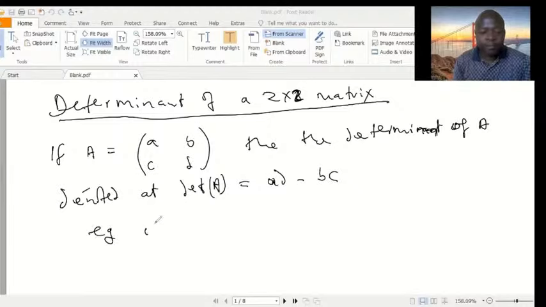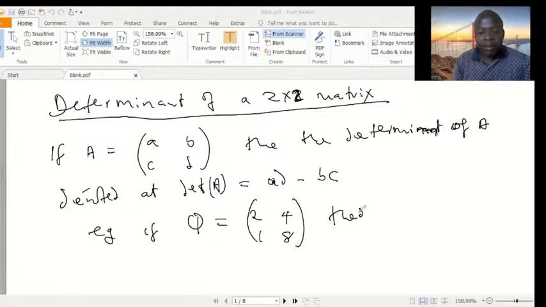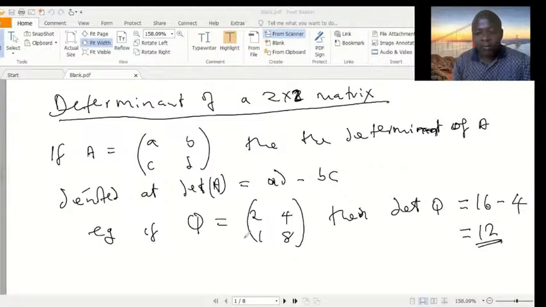E.g., if Q is the matrix 2, 4, 1, 8, then the determinant of Q, which we denote as |Q|, will be this product, which is 16, minus this product, which is 4. And that gives you 12. So the determinant of this matrix is 12.